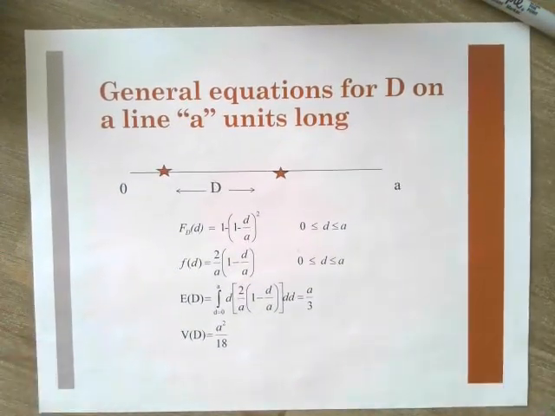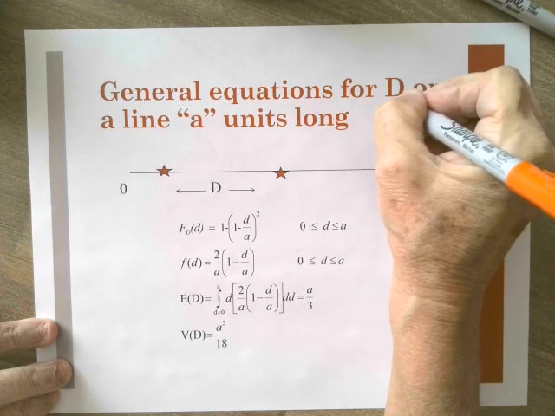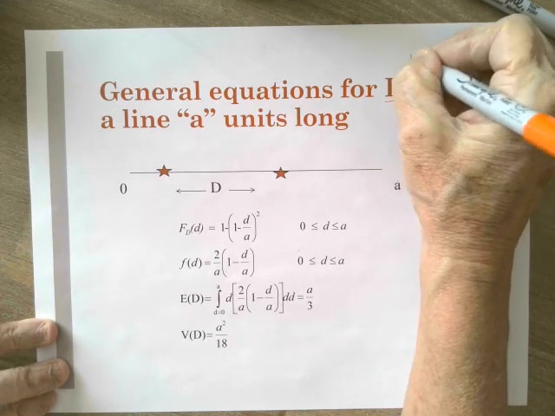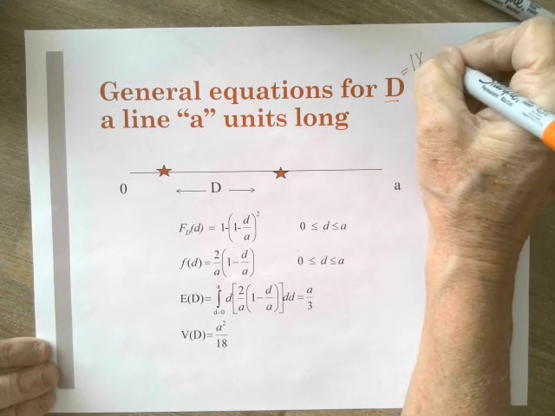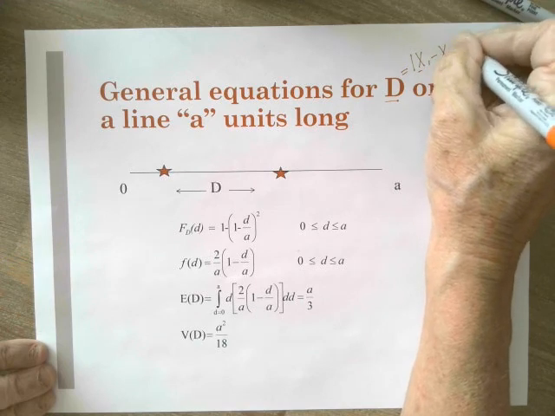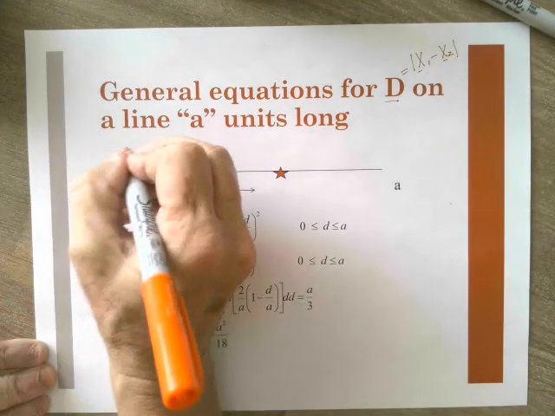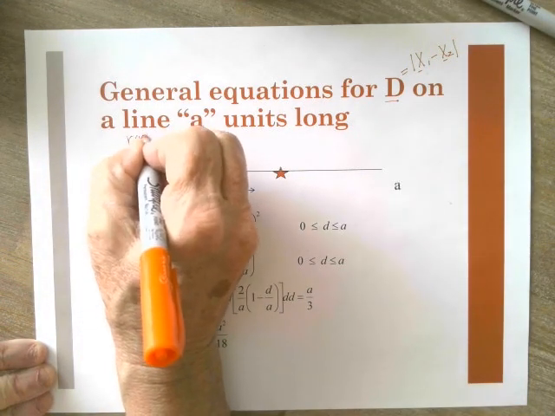distance between an accident and an ambulance on a line, I kind of wish I had updated these slides a little bit better, but that's okay. General equations for my random variable d, which again is going to be the absolute value between my accident and my ambulance on a line or a road, whatever you want to call it.